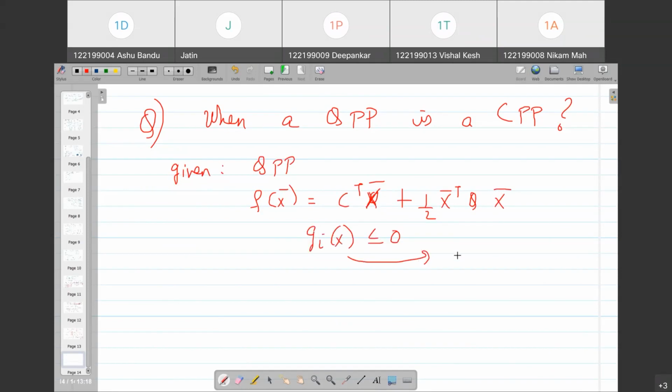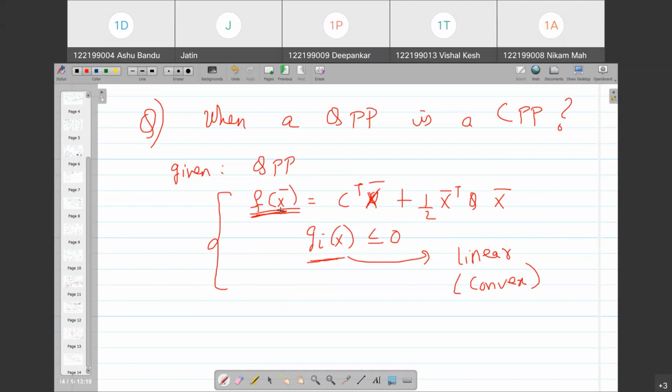Since the GIs are linear, they are convex. So I'm not worried about the GIs; I'm worried about F. When my F is convex, great, my QPP will become a CPP.